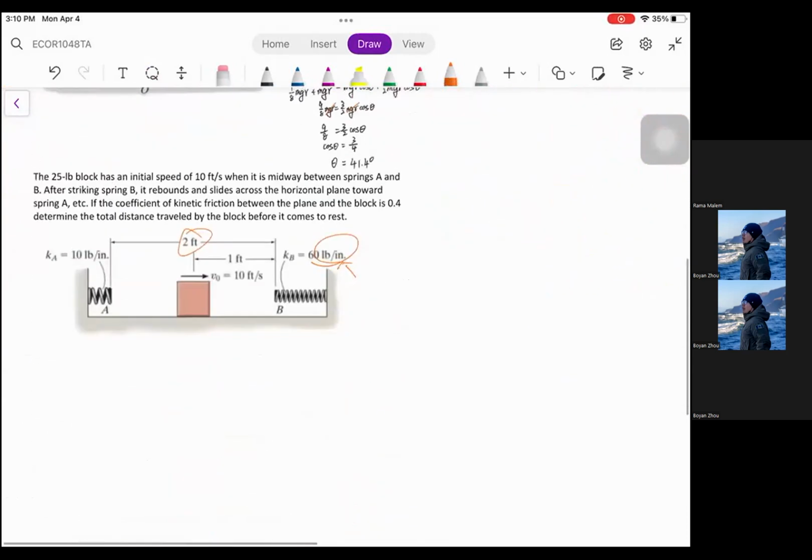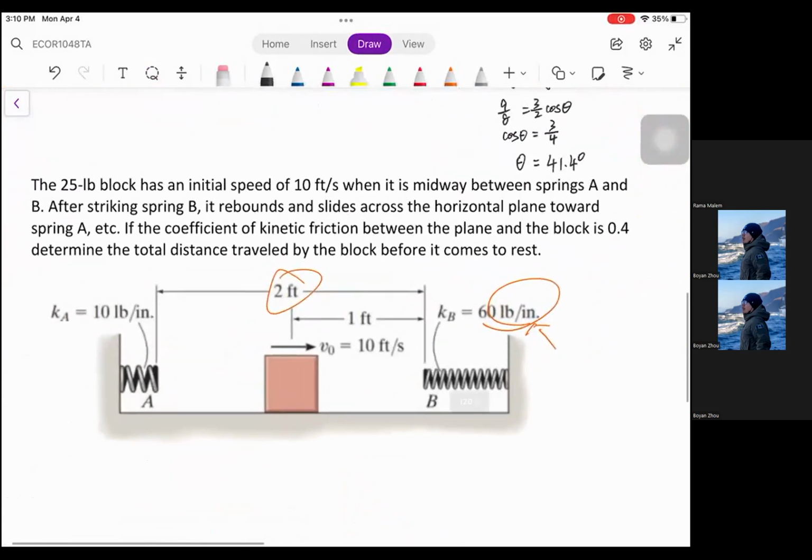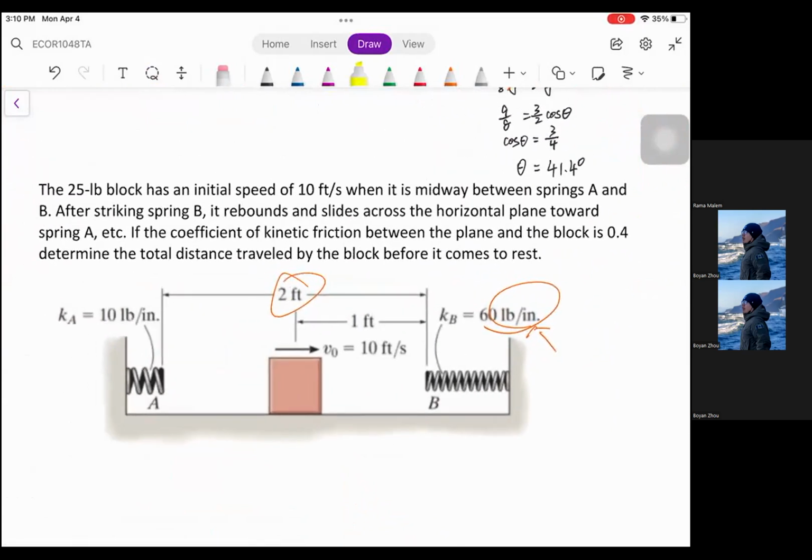So the last one is a bit more complicated. So the question first is, the block is 25 pounds, and the initial velocity is 10 feet per second.